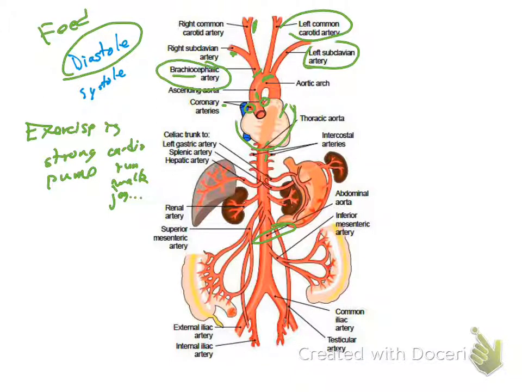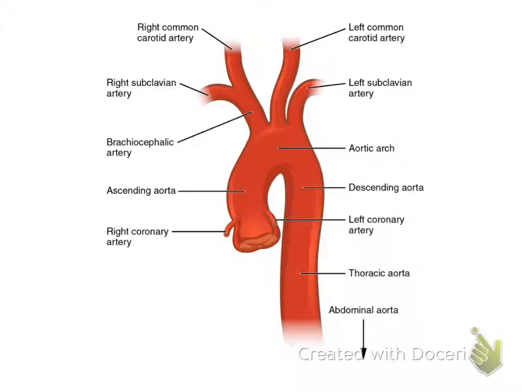At the end, this abdominal aorta is going to split into the common iliac arteries. So you're going to have a division here.